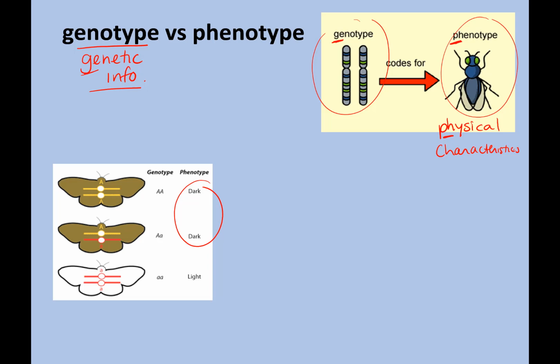So if we're talking about regular old dominant recessive, a dominant phenotype can come from multiple genotypes.